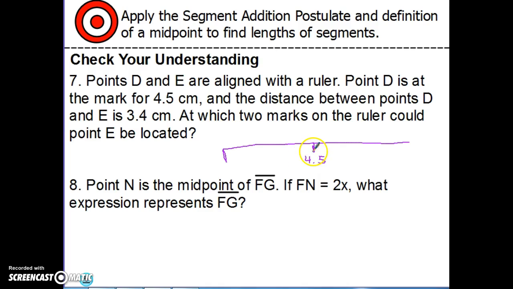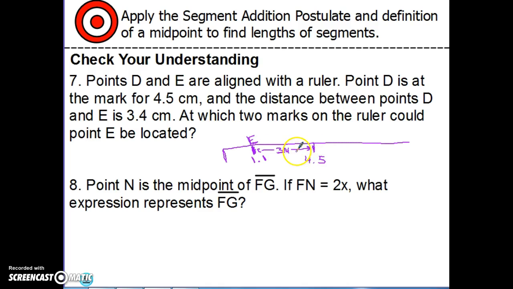We want point E to be 3.4 centimeters away from this. So let's say I went 3.4 centimeters this way. If I want this length to be 3.4, then I would do 4.5 minus 3.4. This would make it 1.1. So this could be my point E right here.